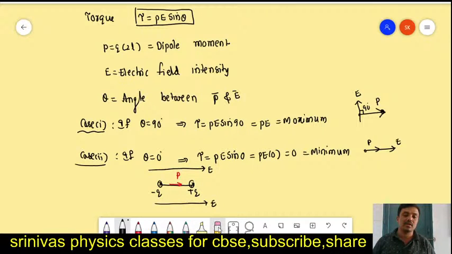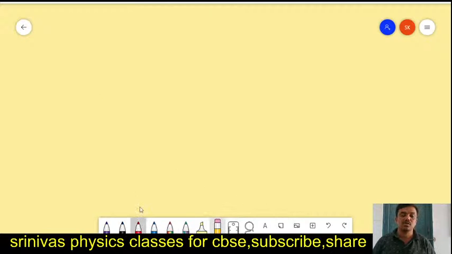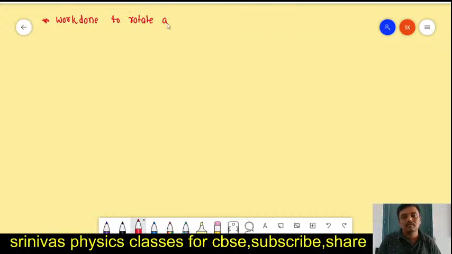Okay, let us go for the next topic. The next topic is also very important: work done to rotate a dipole from angle theta naught to theta.